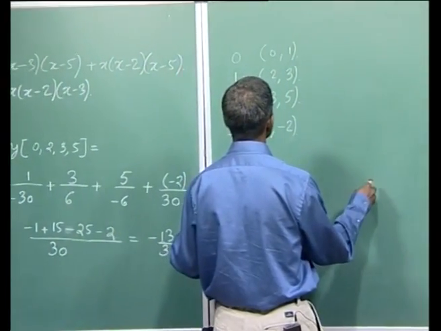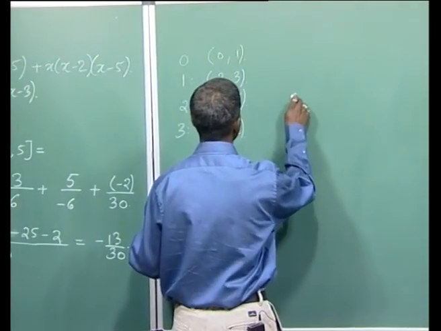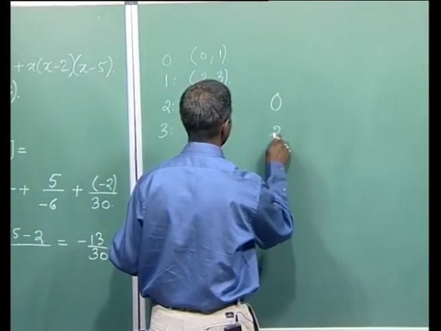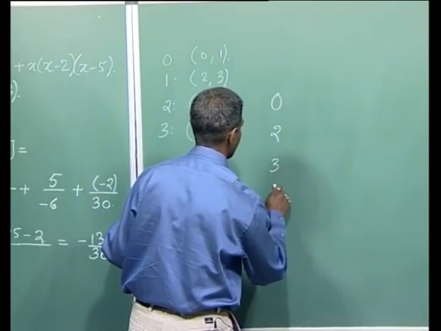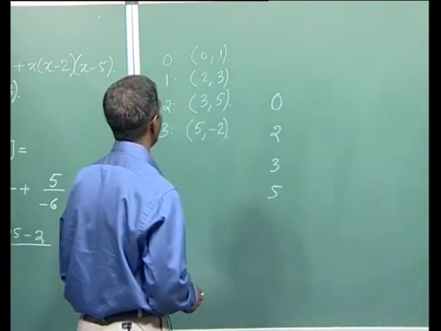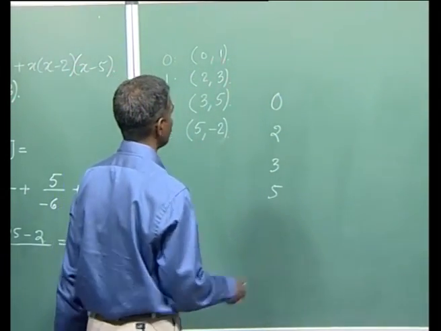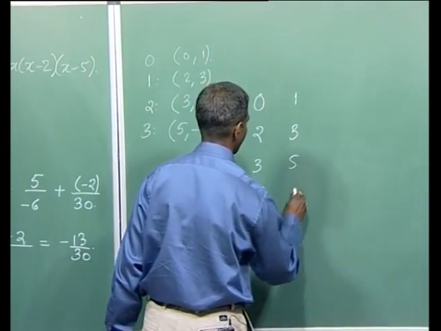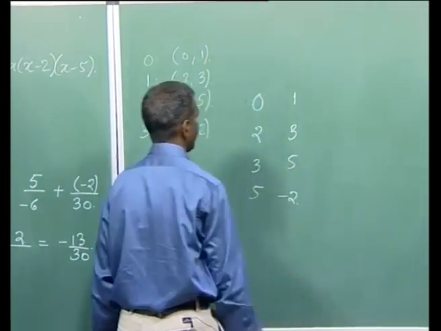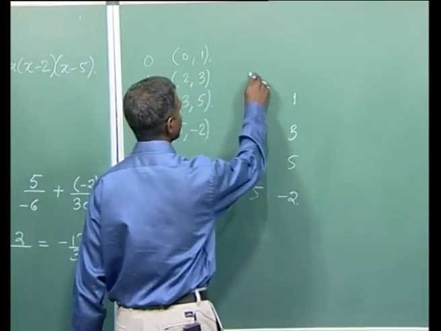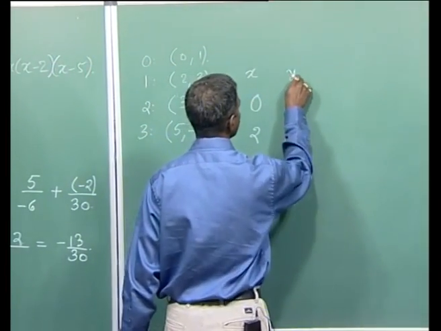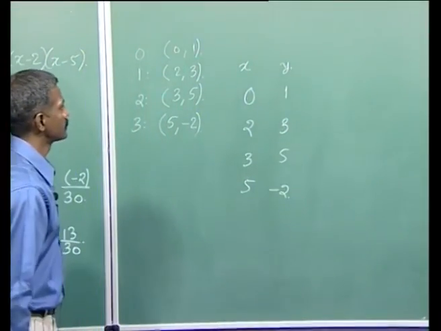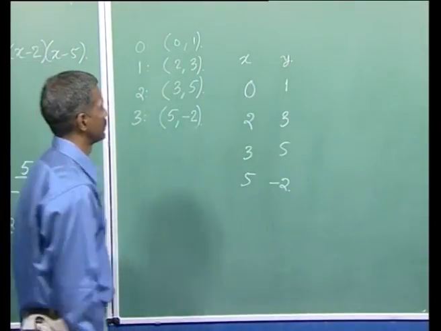Now let me use the tabular form to see if I get to the same number. Arrange all x's in a single column, 0, 2, 3, and 5. Arrange all y's in the next column, 1, 3, 5, minus 2. And then, so these are the x's, these are the y's, and then start computing the divided differences.